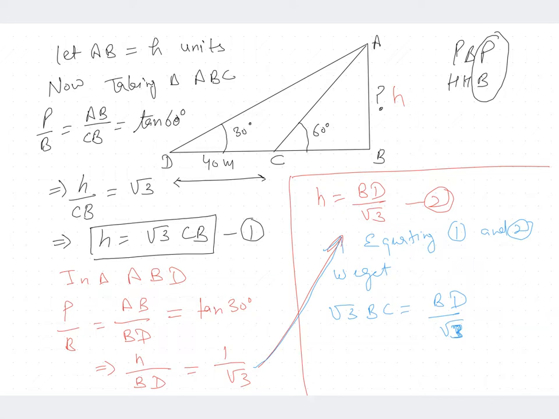Here, if you will see carefully, this BD line is actually the sum of BC plus DC. DC plus BC is given by BD. So we can write root 3 BC equal to DC plus BC upon root 3.